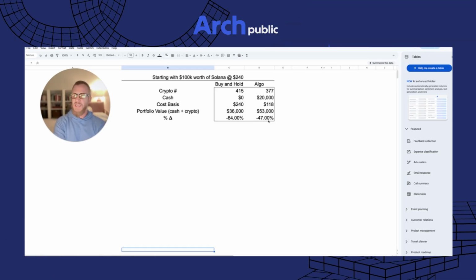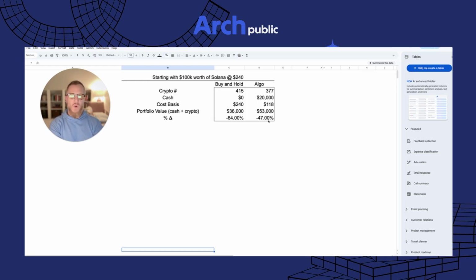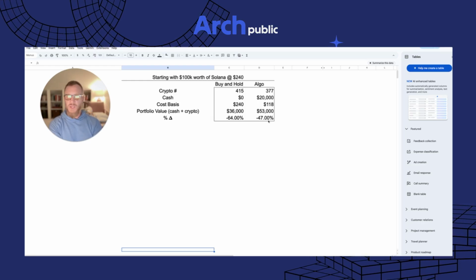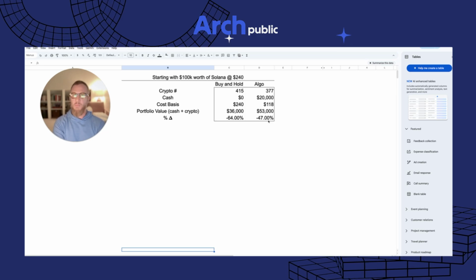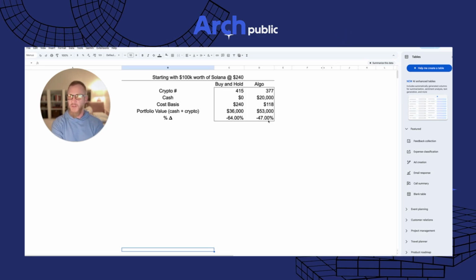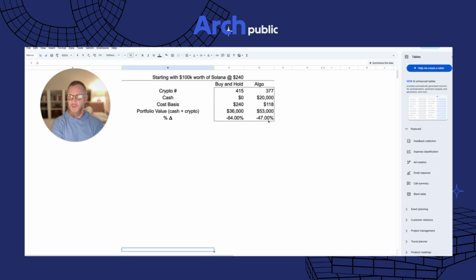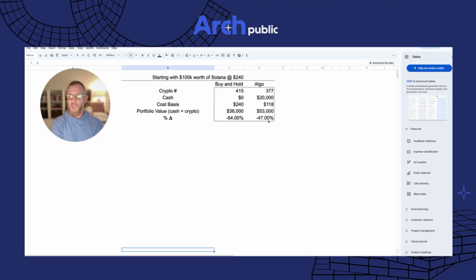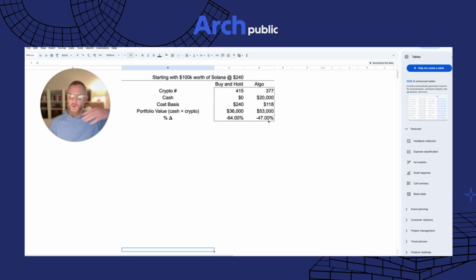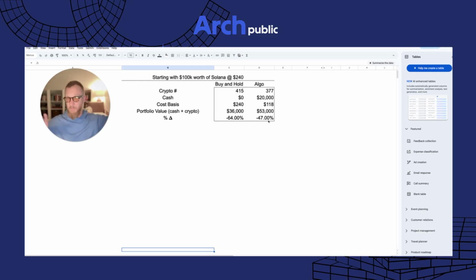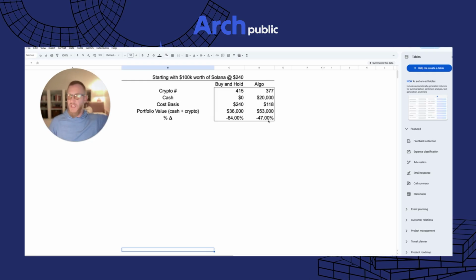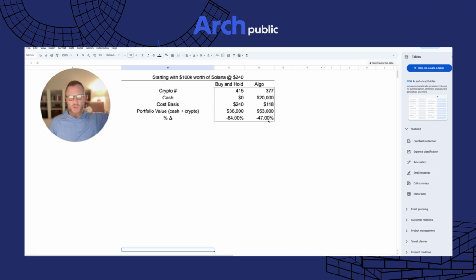So just in a hypothetical, what I went through is said, okay, what if right now I bought $20,000 worth of Solana at this price? And this would maybe be more equivalent to if we were choppy for a while, I stopped the algorithm selling below cost basis and I just let it buy moving forward and deploy that $20,000 in cash, letting the price go wherever it may go.